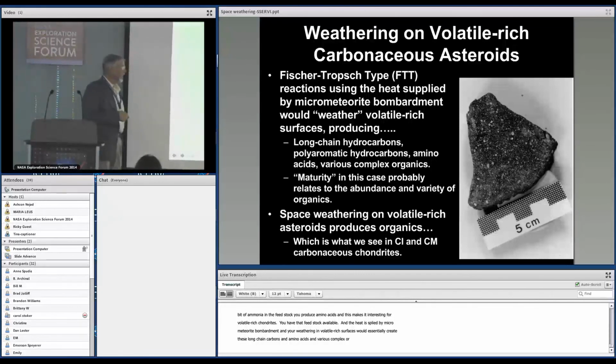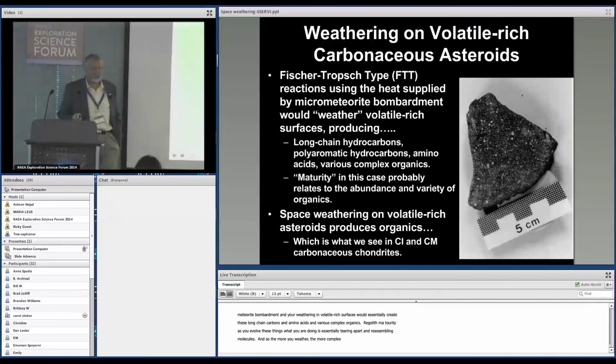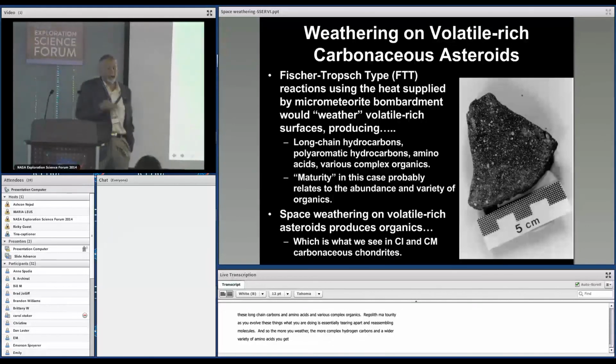Regolith maturity matters, because as you evolve these things, what you're doing is essentially tearing apart and reassembling molecules. And so the more you weather, the more complex hydrocarbons and a wider variety of amino acids you get. And since you're basically not controlling temperature and pressure with micrometeorites, you get a huge range of temperatures and pressures. Basically, you get a correspondingly huge range of output products.